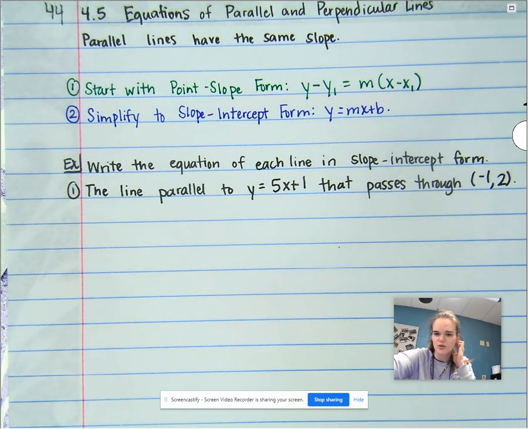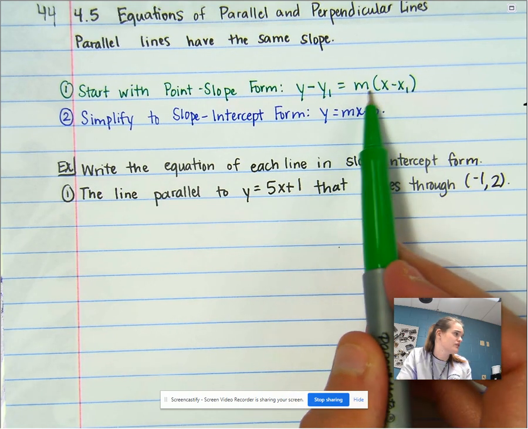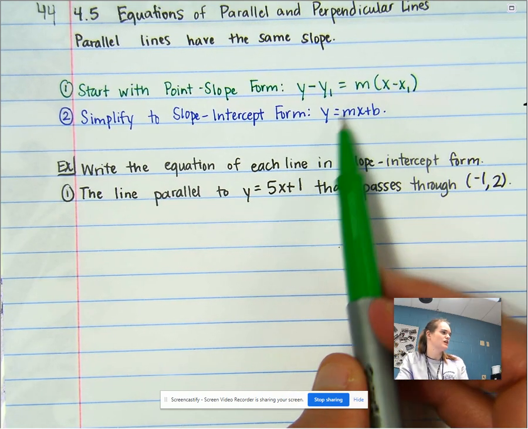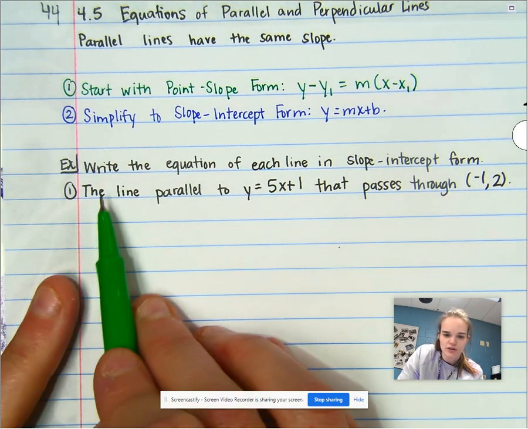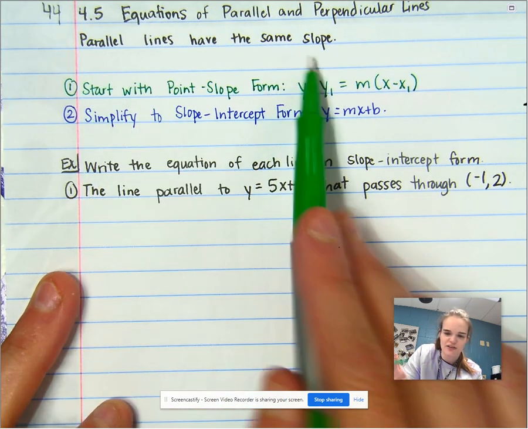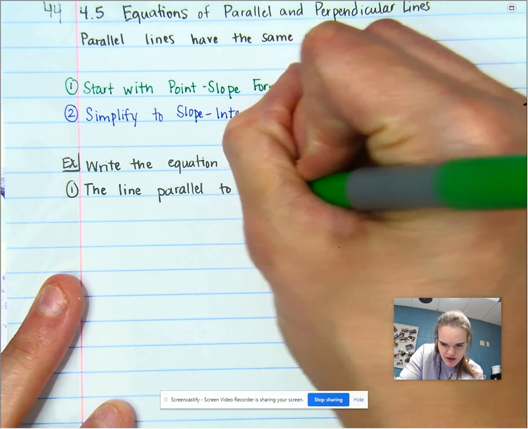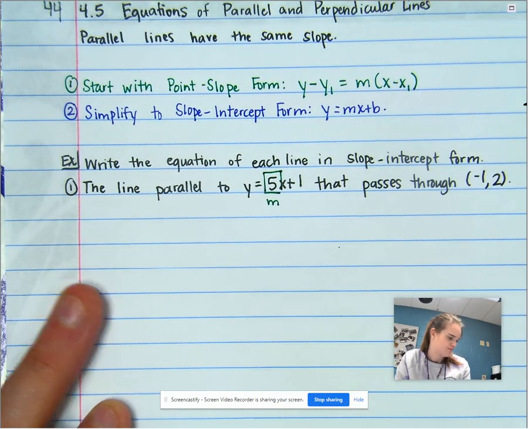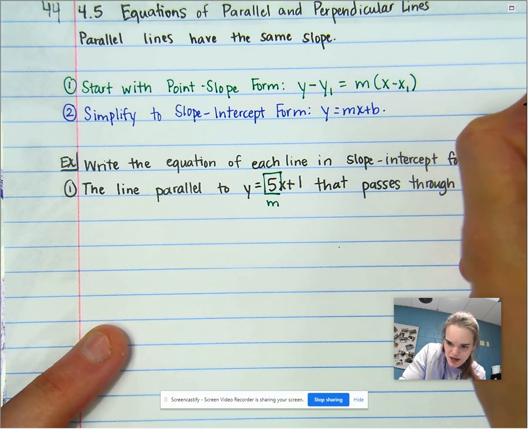Okay. Now here's how this is going to work. We are going to have to find the x and y and the slope. We're going to plug those in, and then we are going to simplify till we get it to this version. Okay. So we're looking for the line parallel to y equals 5x plus 1. Well, parallel lines have the same slope. So our slope is going to be 5. Our point, x1, y1.